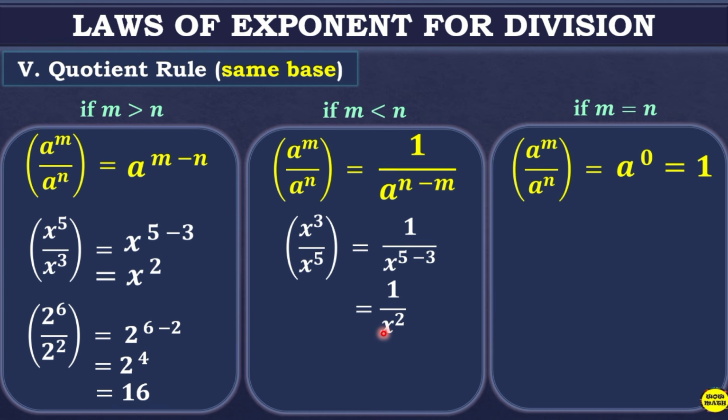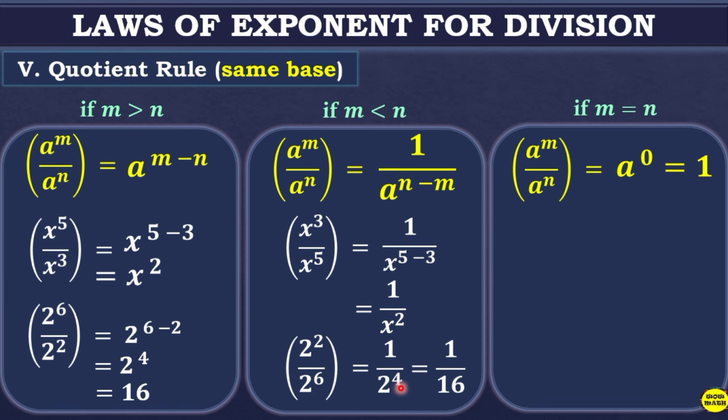Mamaya magpapakita pa tayo ng ibang examples na halo, may mataas yung numerator, denominator. Kaya tingnan nyo yung difference. Kapag mas mataas ito, ayan siya. Kapag mas mataas yung denominator, nasa baba. Another example. Same lang po ito. Nagiging 1 over 2 raised to 4 lang po siya, nasa denominator nga lang kasi mas mataas ito.